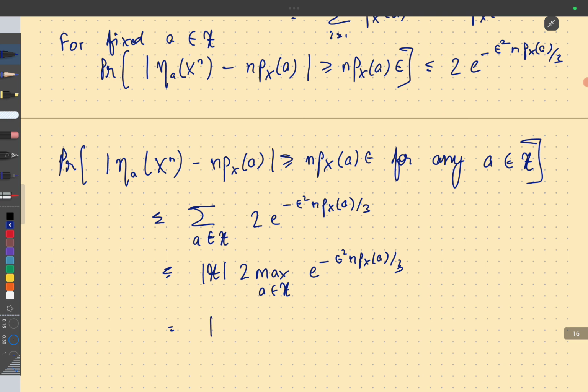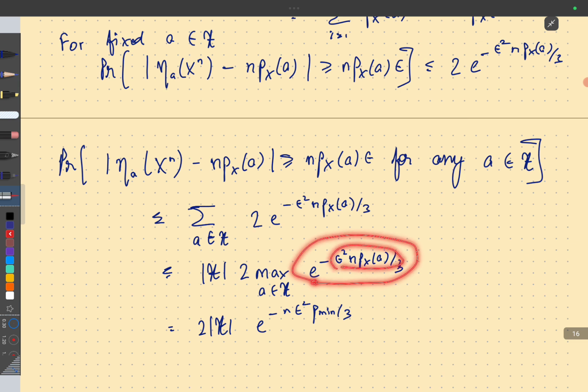But this is also equal to 2 times size of X e to the power minus n epsilon square times the smallest probability p min divided by 3, right? Because the A that maximizes this quantity is the one that minimizes this particular quantity, because I have e to the power minus a function of A.